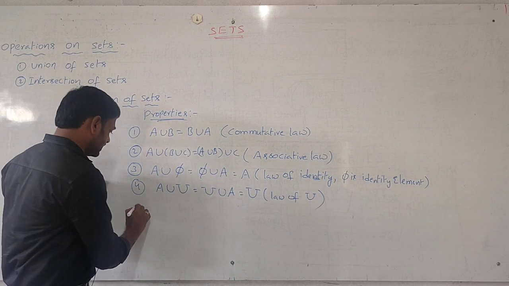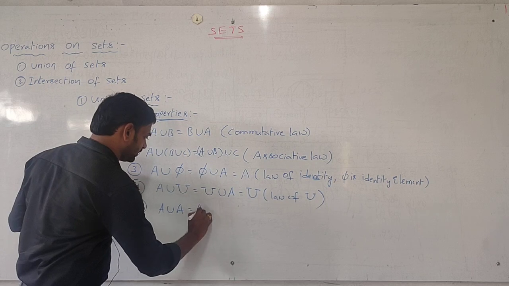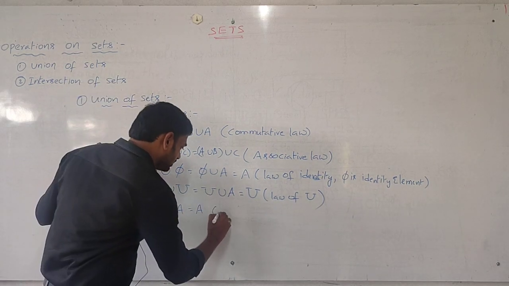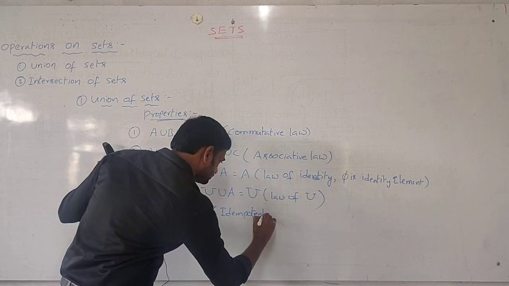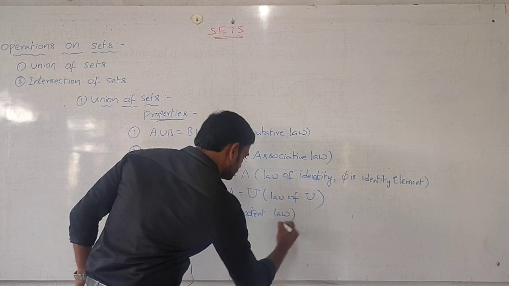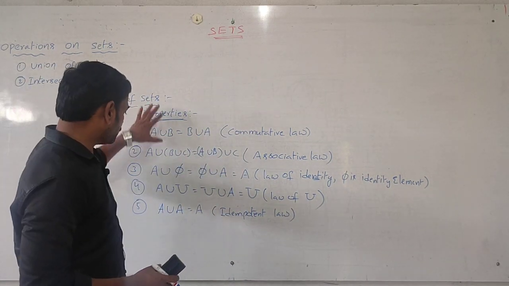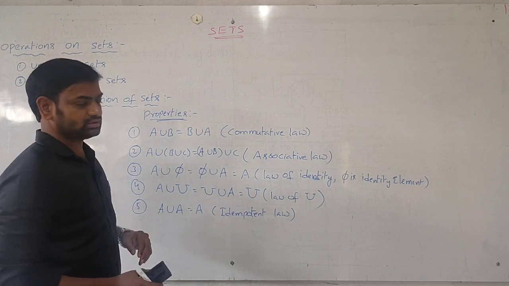Next, last one is A union A is equal to A. It is called idempotent law. These are the 5 properties in the union.